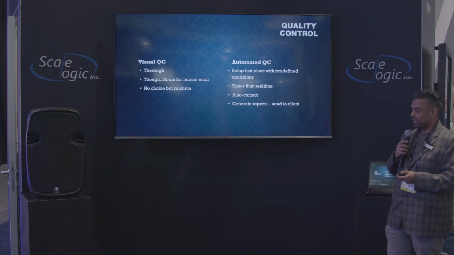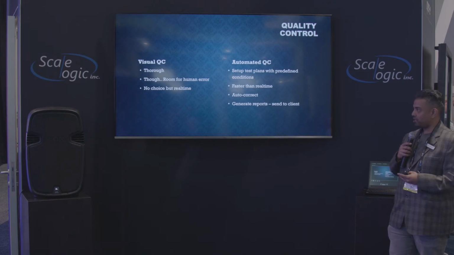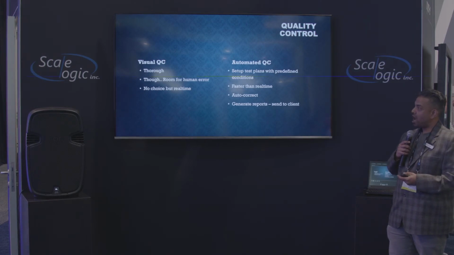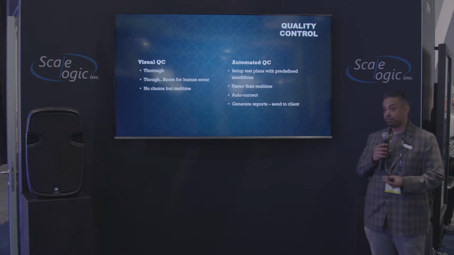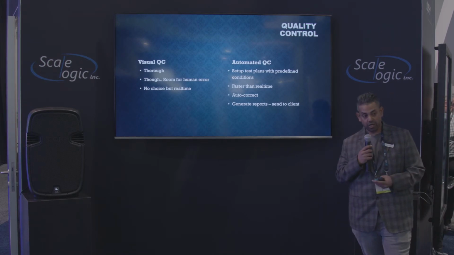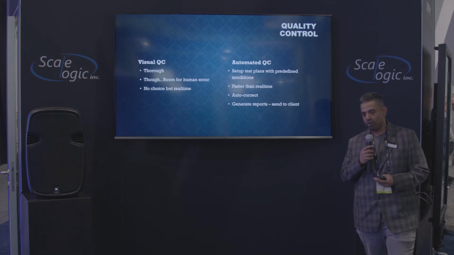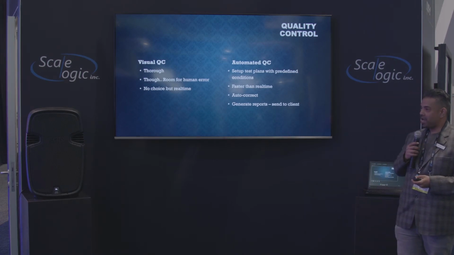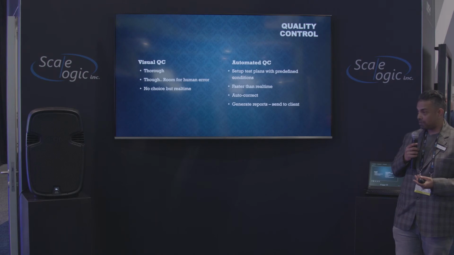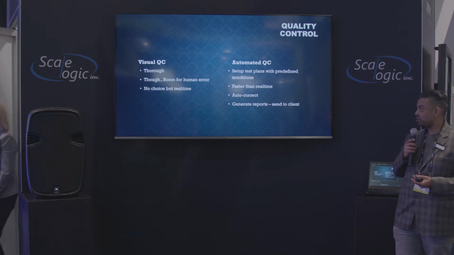And when we come to QC, there's 2 ways that people do it, or they do it both ways. So you have your visual QC side. The problem with visual QC is there's human error, and it's slow, right? It's always real time, and it's not going to check for technical elements. On the automated QC side, I'm sure no one's sitting there watching it, but it catches most things depending on the package you choose.